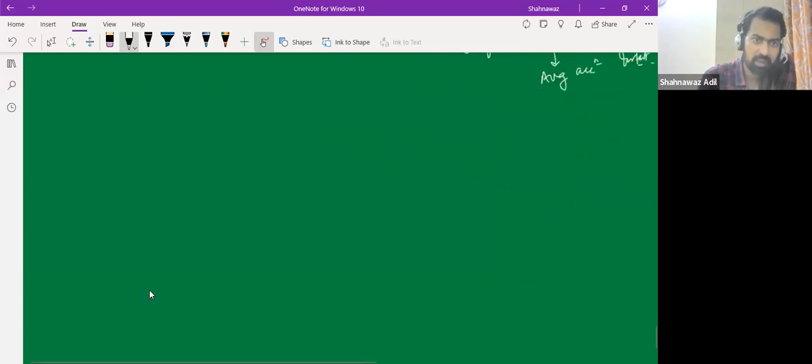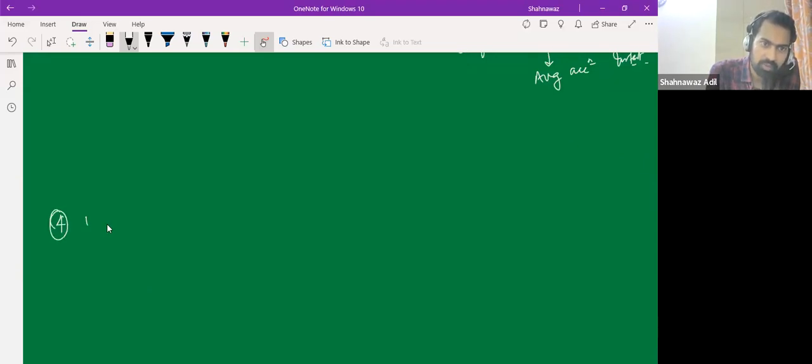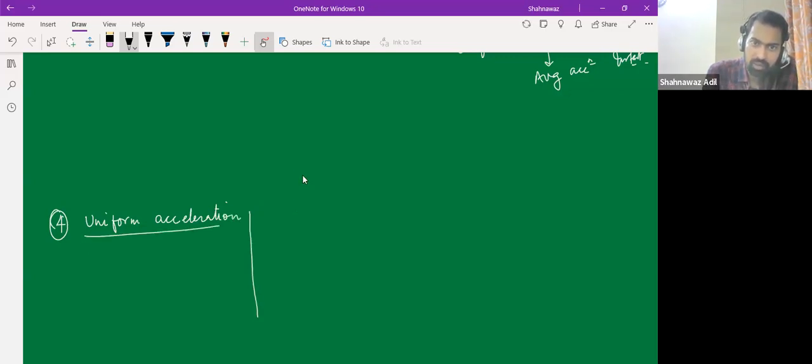And then we learned about the uniform acceleration. For uniform acceleration, we saw that there are three equations of motion. So the first one was v equals u plus at.